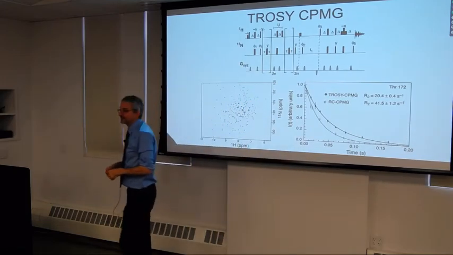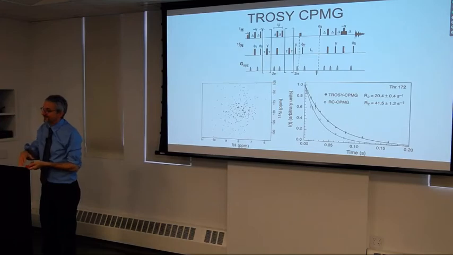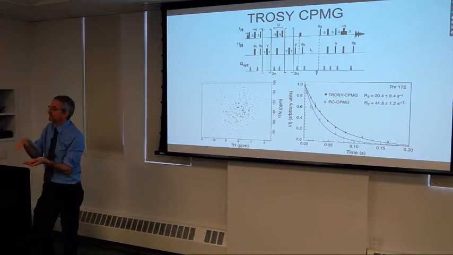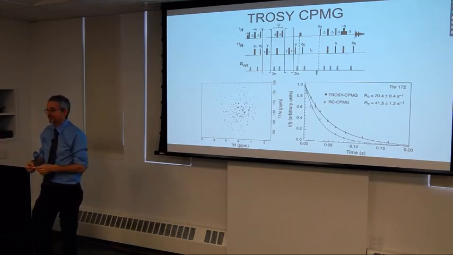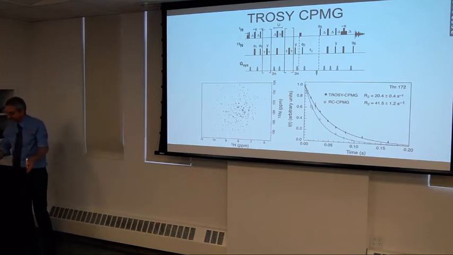So if we're trying to measure exchange broadening on top of that rate, obviously it's going to be a lot easier to measure exchange broadening riding on top of 20 per second than on top of 40 per second. And with 20 per second, we have more time to vary tau CP before the signal has all decayed away from the relaxation processes that we don't care about. So that experiment works very well.